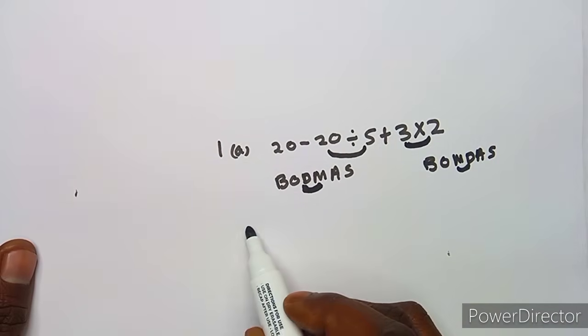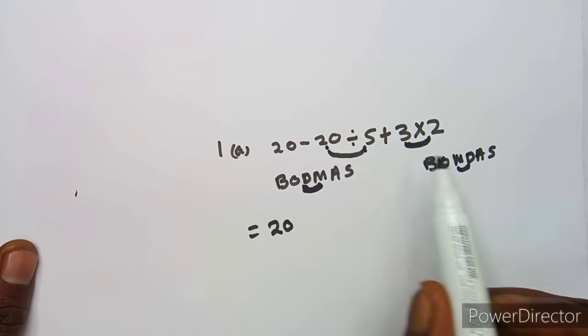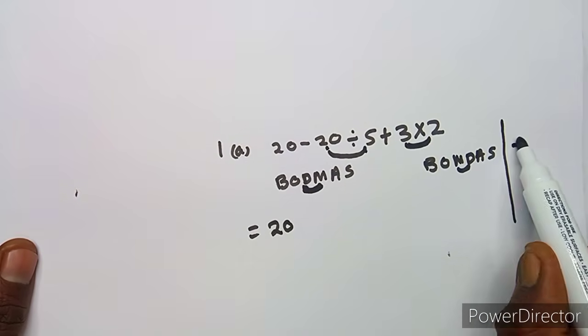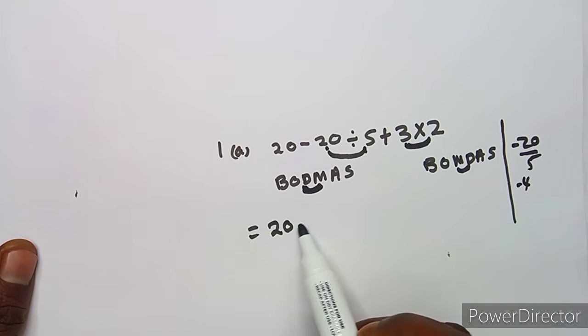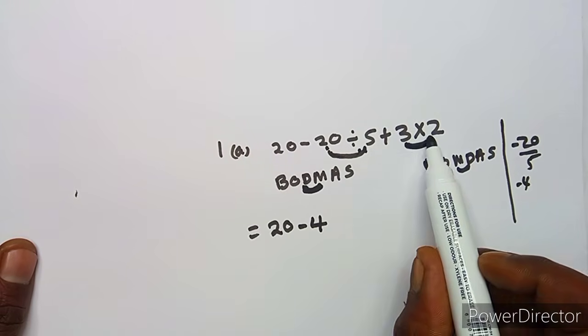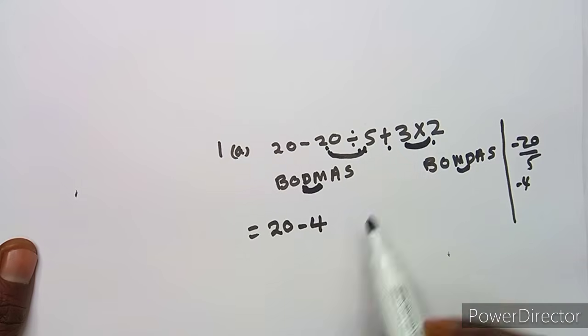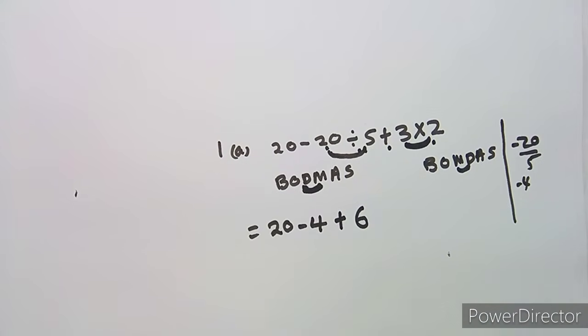So we have minus 20 divided by 5. You're simply dividing, guys, minus 20 over 5, which is minus 4. Then you multiply these two, plus 3 times 2, which gives us plus 6. You are done, so you've applied division and multiplication at the same time.